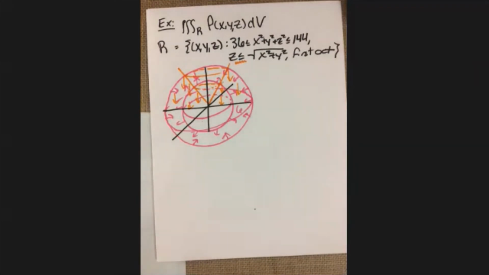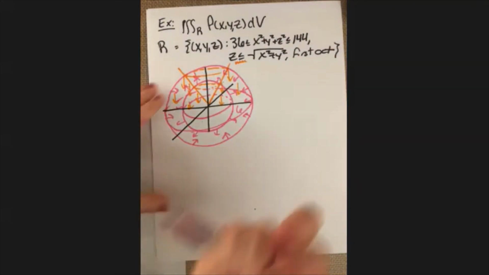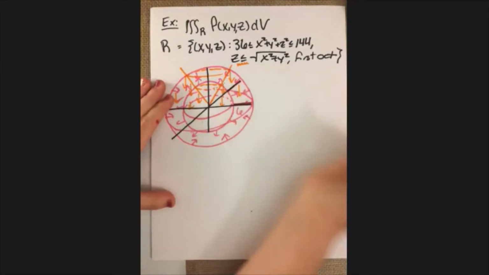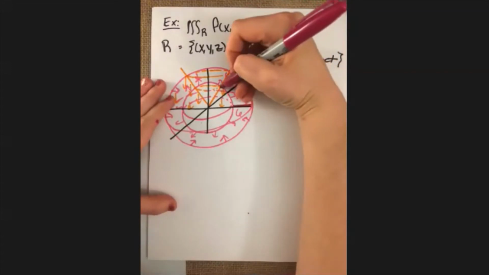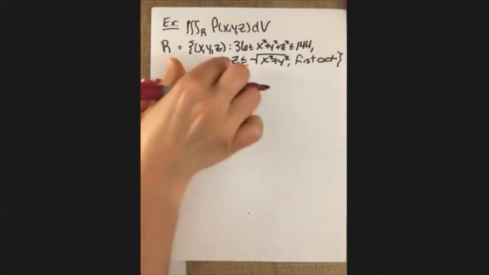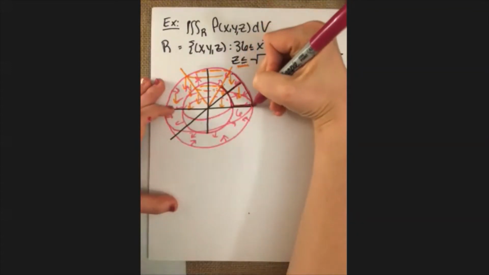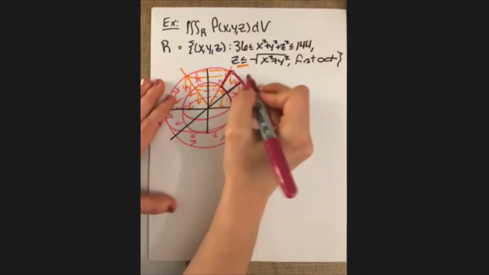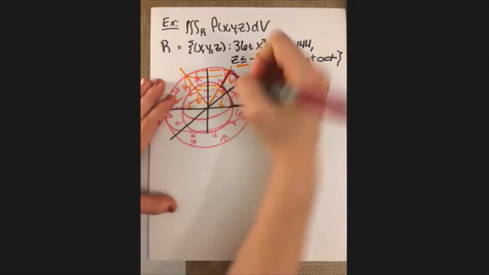Okay. And finally, we are told that we are in the first octant. So we're looking at stuff that lies in this segment right here, where x and y are greater than 0. So to conclude this, I want the piece that's underneath the cone and yet in between my two spheres. So it's going to look something like this.